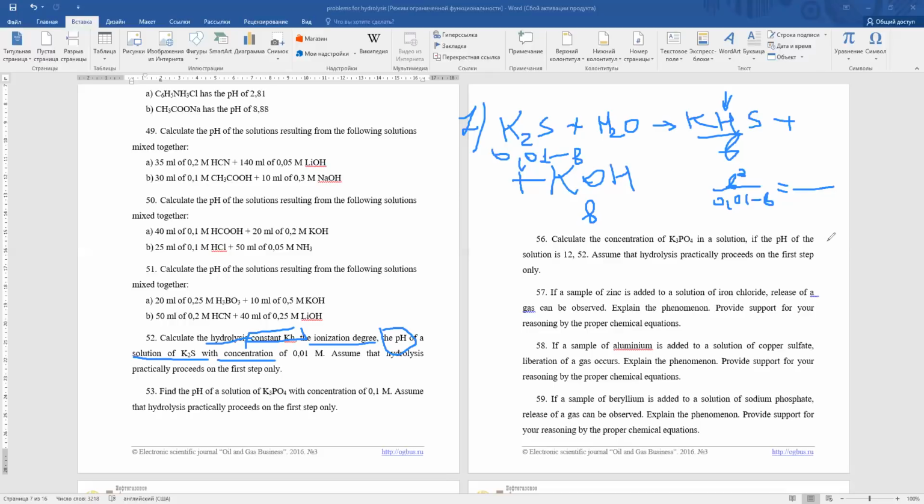Just make the equation and solve that equation. After you found the B, you can find the pH, and you can find the ionization degree, each of them.